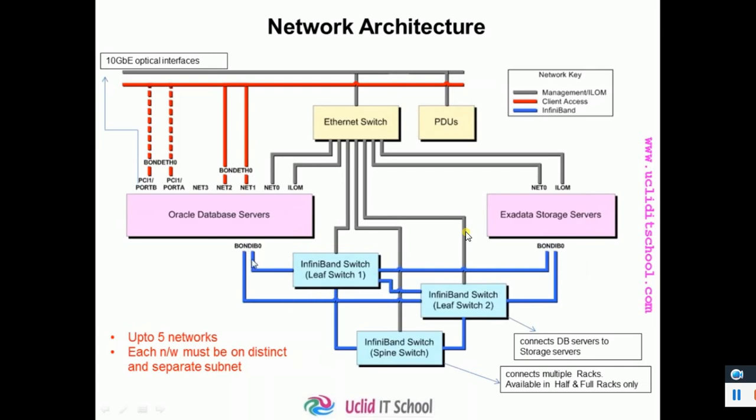One wire goes to one leaf switch. Second connection goes to a different switch. So even if one interface fails, the traffic will continue through the other interface. Even if one switch fails, the network will use the second switch. That way, this network is configured in a fault tolerant fashion.